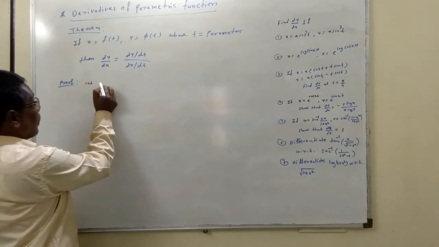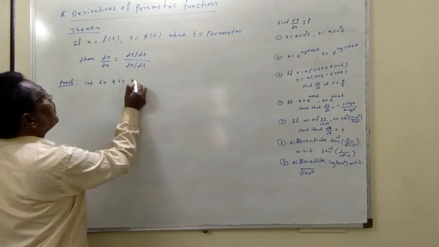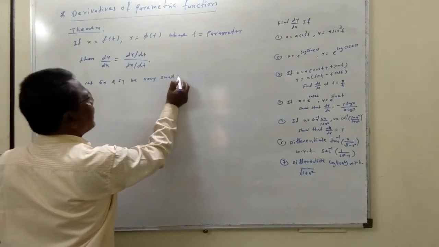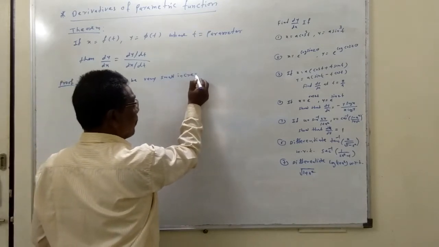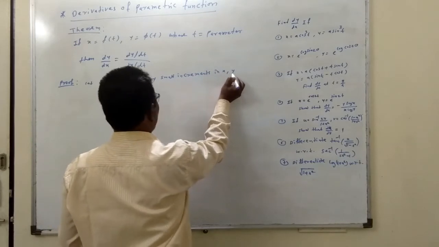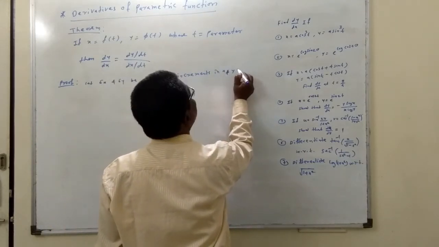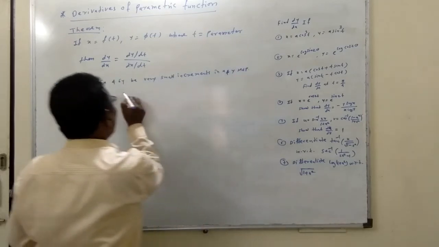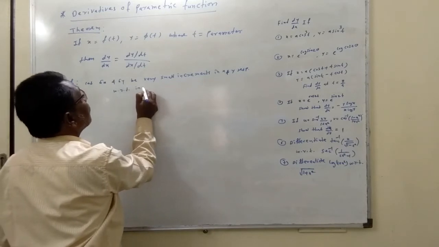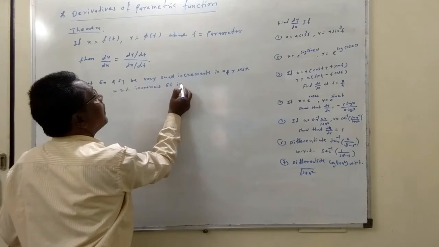Let delta x and delta y be very small increments in x and y respectively, with respect to the increment delta t in t.